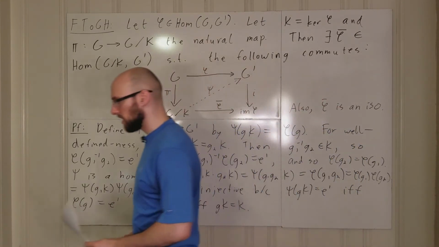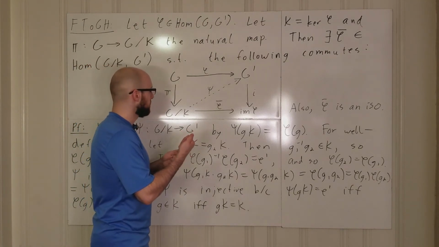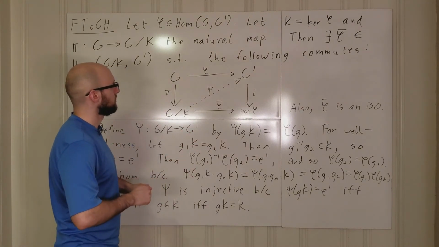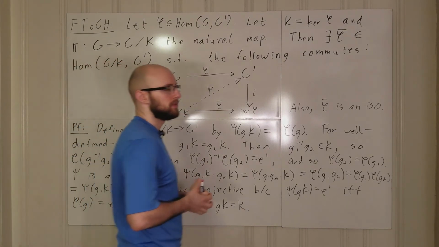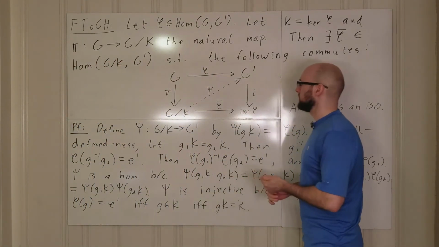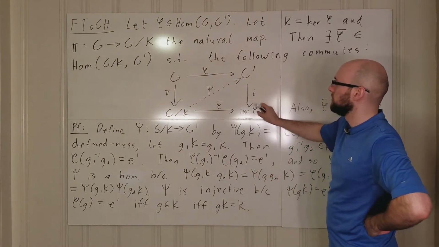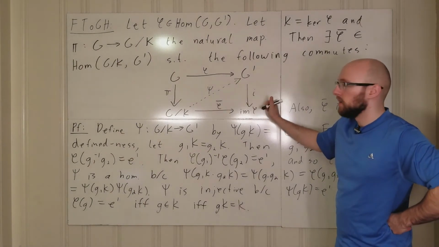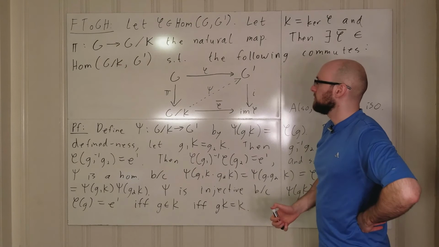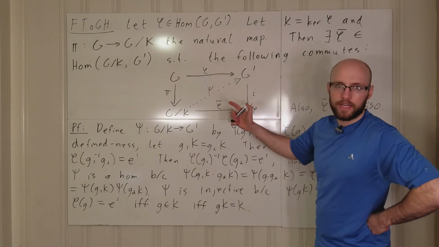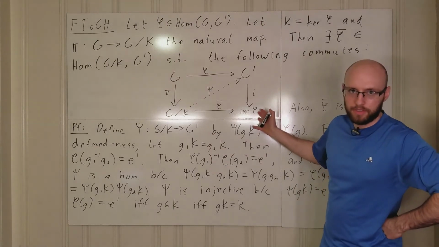And now phi bar is the same thing. Do we actually say what phi bar is anywhere here? No, we don't. But this is the inclusion map, so we're restricting G prime to the image of phi. And so phi bar is just going to be the same thing as psi, but instead of mapping into all of G prime, we're only mapping into the image of phi.